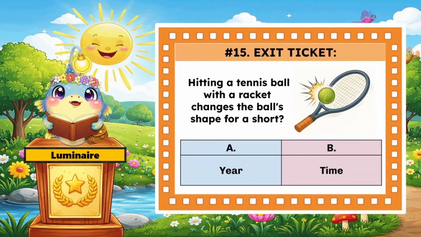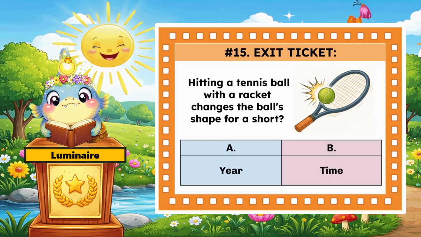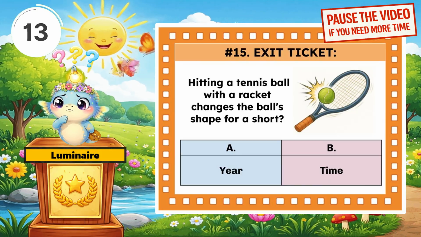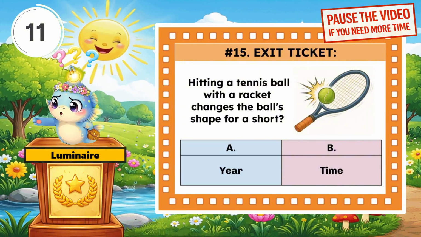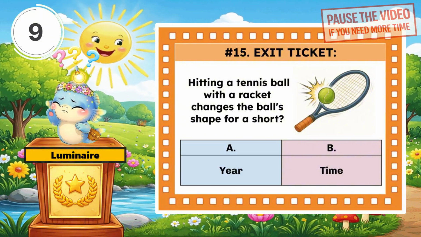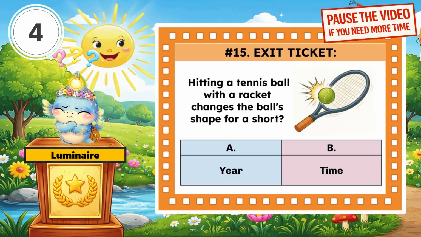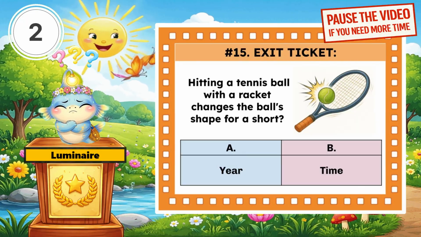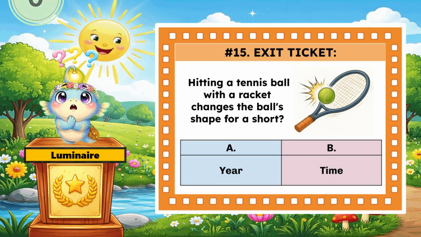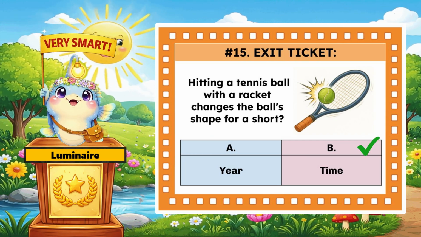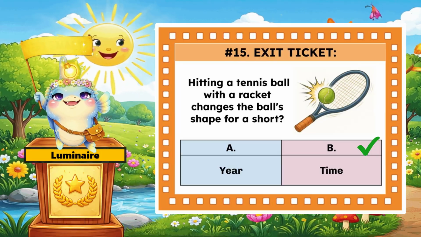Hitting a tennis ball with a racket changes the ball's shape for a short blank? And the correct answer is letter B, time.